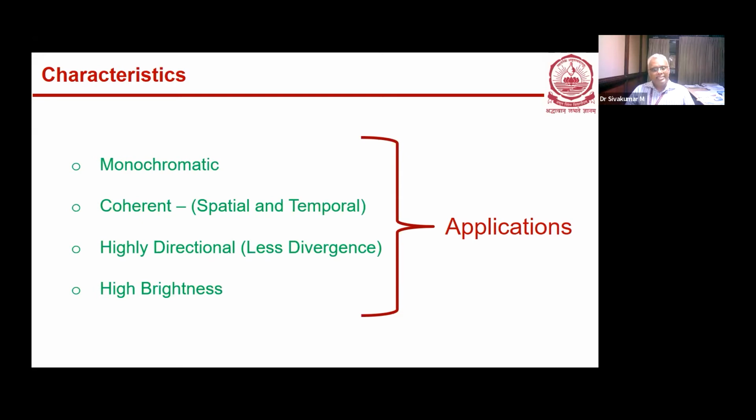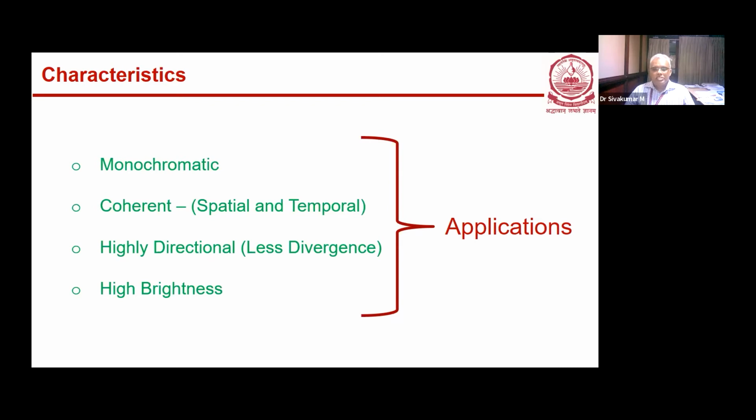And then highly directional. Compare a torchlight: if you switch it on and see the beam after 1 meter, the beam has expanded like anything. But in the case of laser, like a laser pointer, it won't diverge. The divergence is very limited, so it is less divergent, and high brightness. It is bright because it is monochromatic, coherent and highly directional.